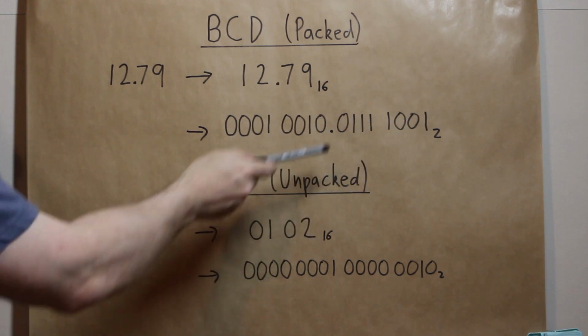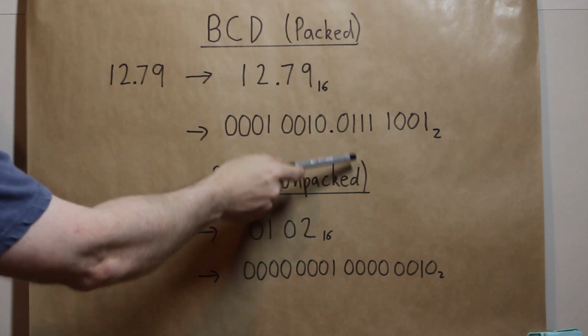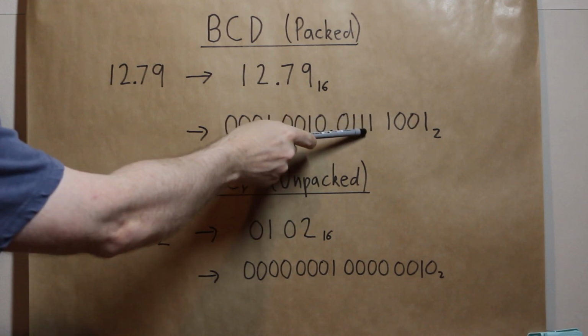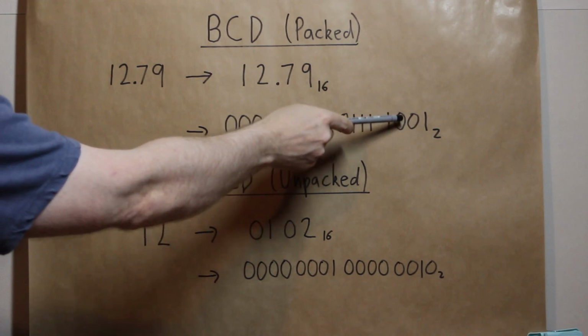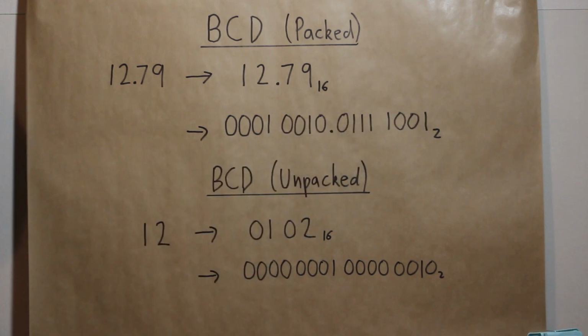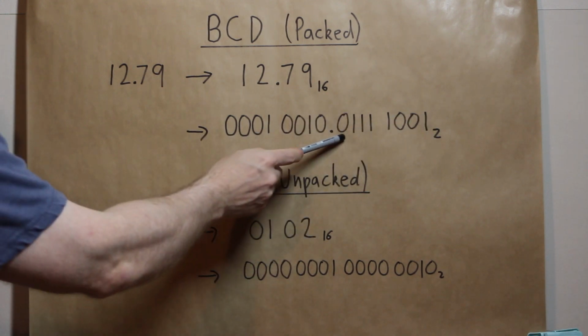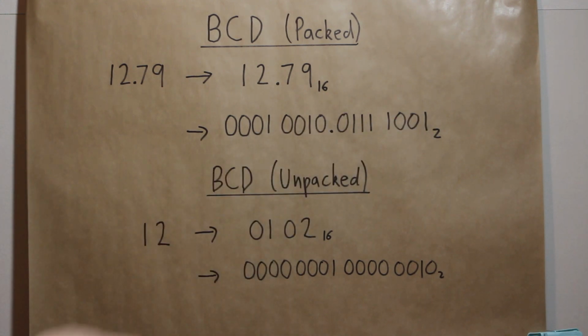So this would be the 1/2 column, the 1/4 column, 1/8, 1/16, 1/32, 1/64, and so on. Any number that can be represented exactly as a sum of these fractional powers of 2 can be written easily in binary.